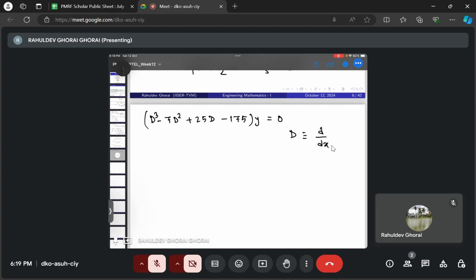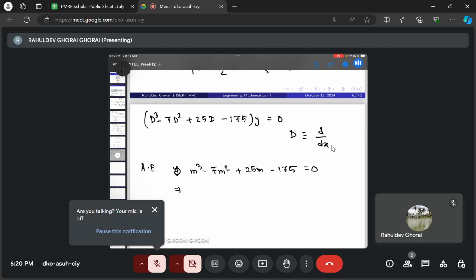In that case, what will be the auxiliary equation? The auxiliary equation will be m cube minus 7m square plus 25m minus 175 equal to 0. Let's say the roots are given to you, then how to find the solution.